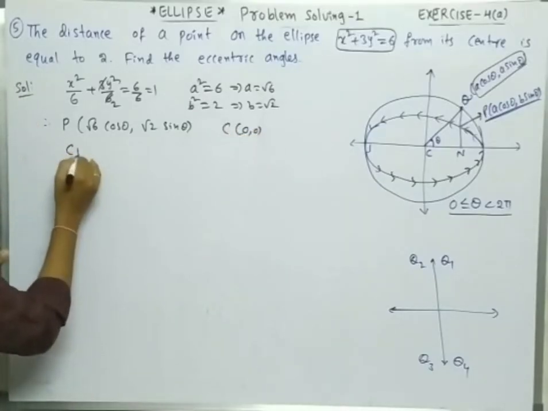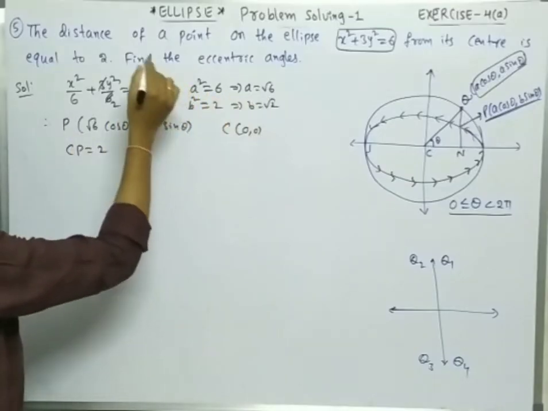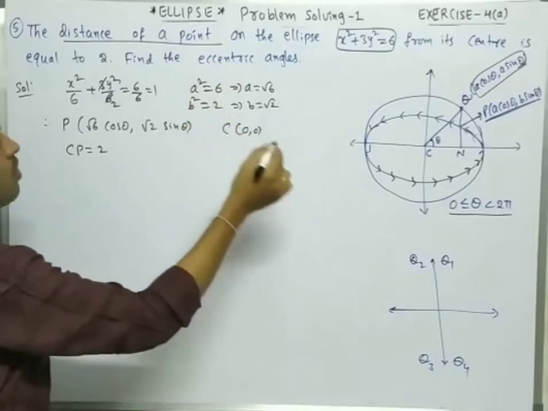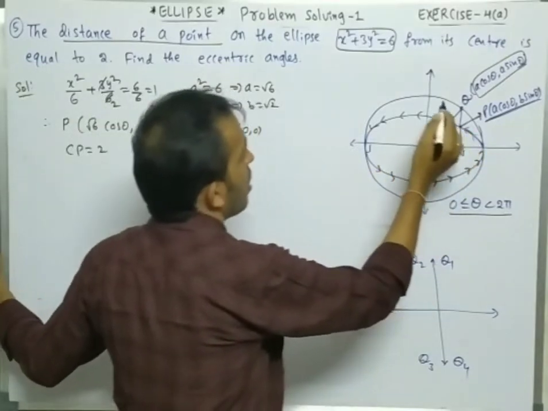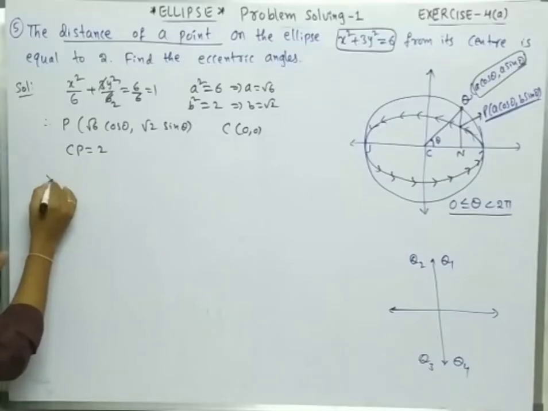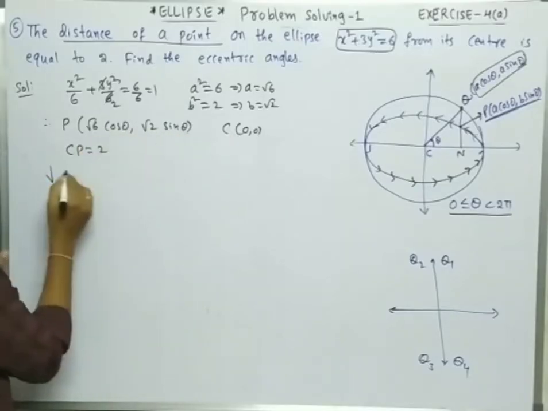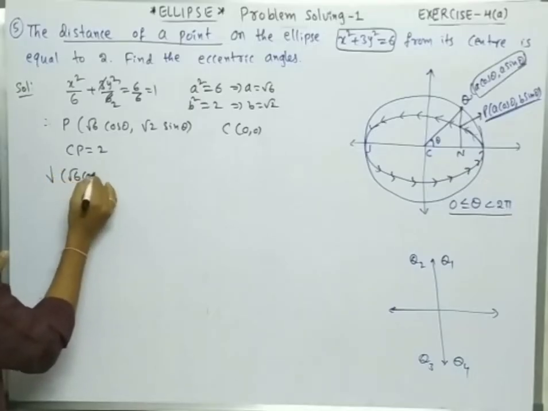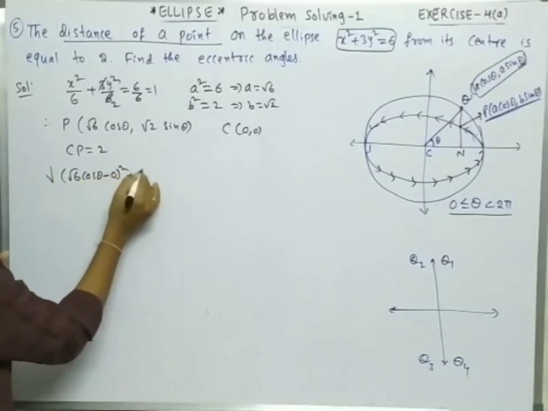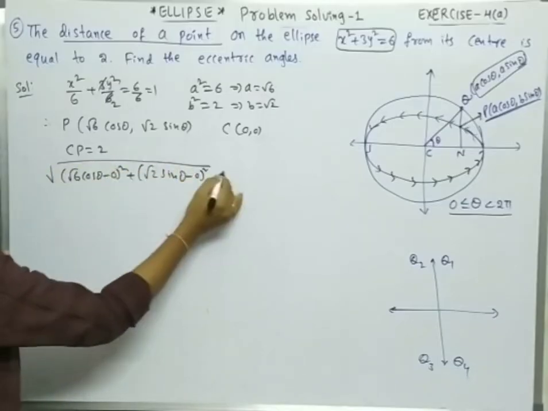It is also given that CP is equal to 2 from its center. The distance of a point on the ellipse from the center is 2, that is CP is equal to 2. CP is equal to 2 means the distance between these two: root 6 cos theta minus 0 whole square plus root 2 sin theta minus 0 whole square is equal to 2.